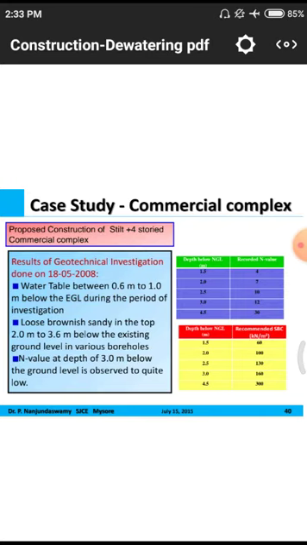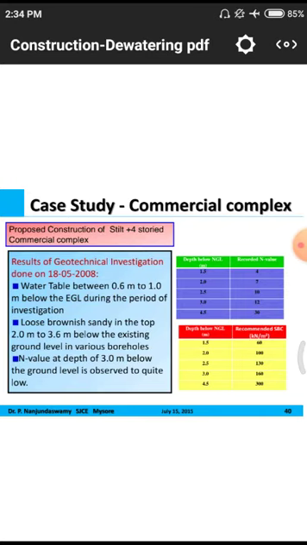What are the site properties, parameters and indexes? Parameters normally means shear strength, tensile strength and other things. After that they use different techniques in geotechnical engineering for the properties of the soil.